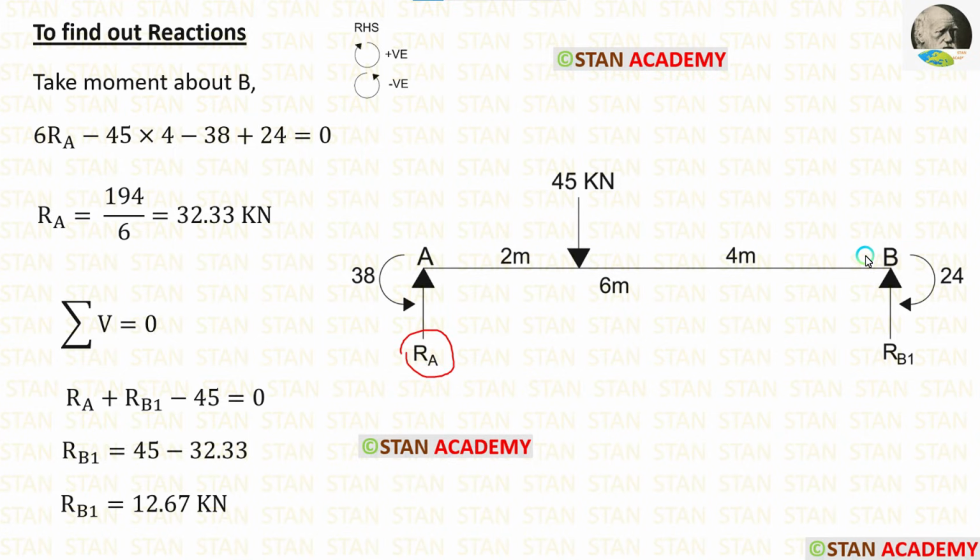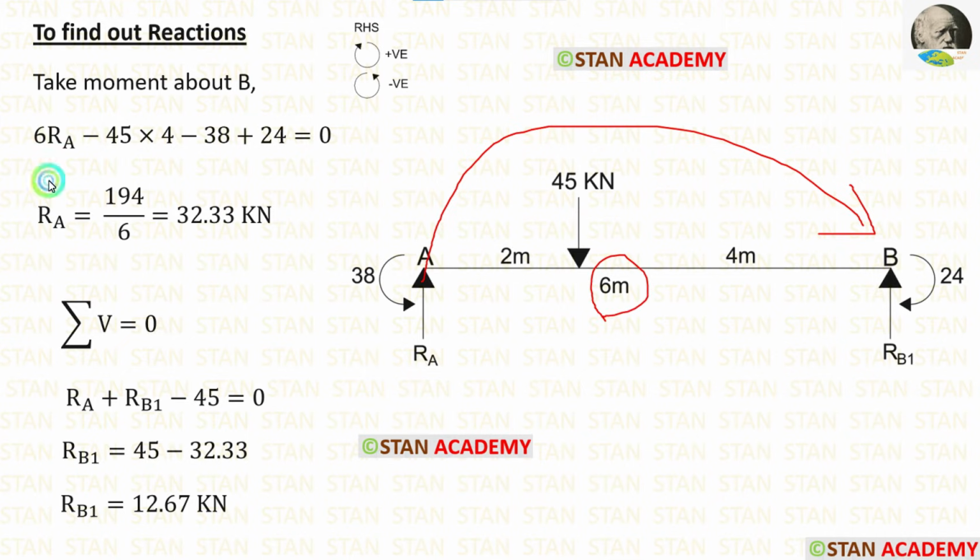For that, I am going to take moment about B. In this case, I am moving towards right hand side. Clockwise will be positive, anti-clockwise will be negative. RA is acting towards the point B in the clockwise direction, so it will be positive, and the distance is 6, so 6 RA.